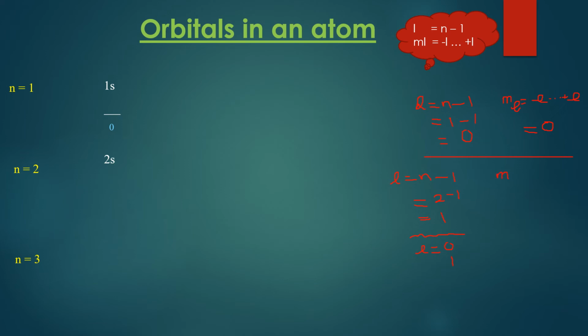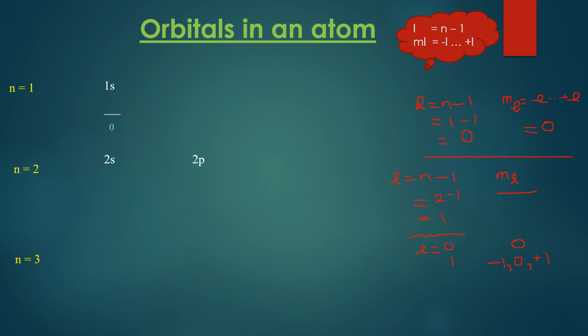So let's see how many spaces we have for each of these orbitals. Now for ML, we use this formula again, negative L to positive L. If L is 0, then ML will be 0. If L is 1, ML will be negative 1, 0 and positive 1, using a number line format. So there are altogether 3 orbitals in the p orbital.